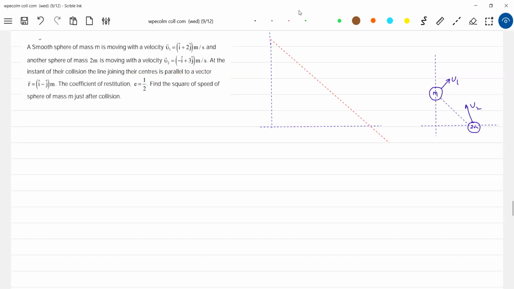vector. Okay, now this is t equal to 0. They'll move, they collide. So I cap minus J cap, I'm very sure. So this will be 45 degrees. And the balls, what happened? They're going to collide.